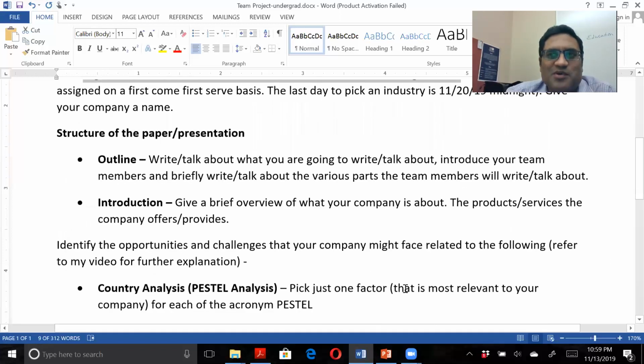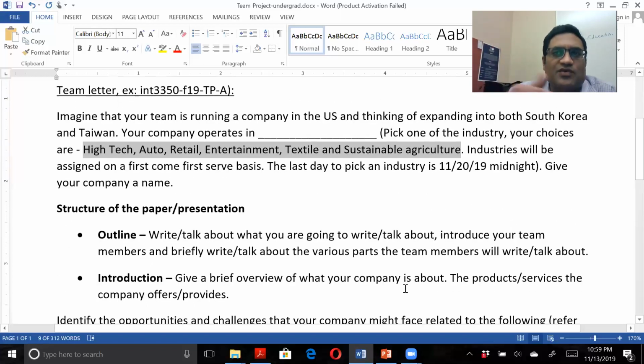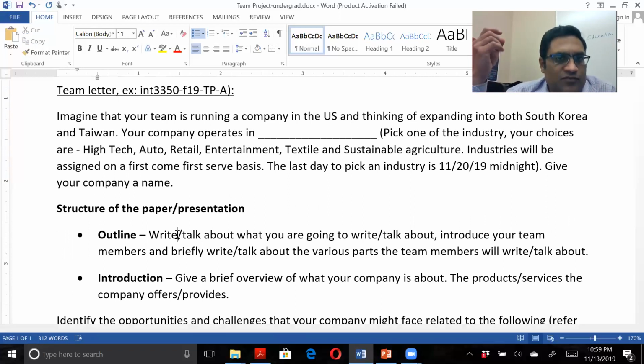Since I came up with the Houston Children's Hospital, I'm going to talk about that and how things apply. The structure of the paper and presentation is write and talk. Obviously, when you're writing the paper, you're going to write about it, and when you're doing your presentation, you're going to talk about it. The outline is that you first talk or write about what it is that you're going to talk about.